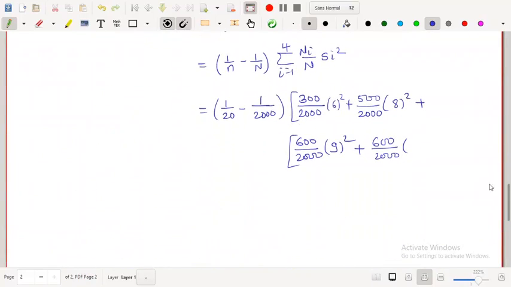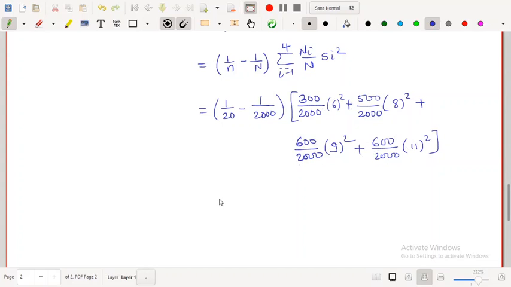Yes, 11 square. So here there is no bracket. Alright, so this will be like this.